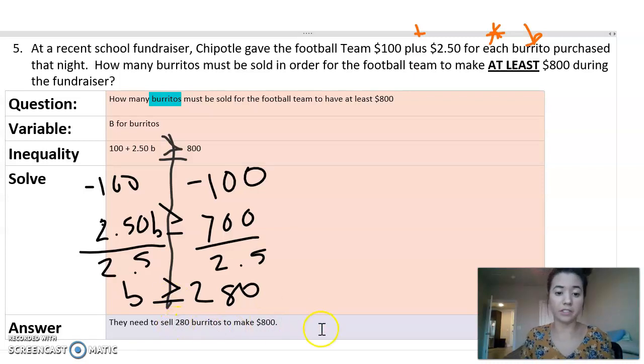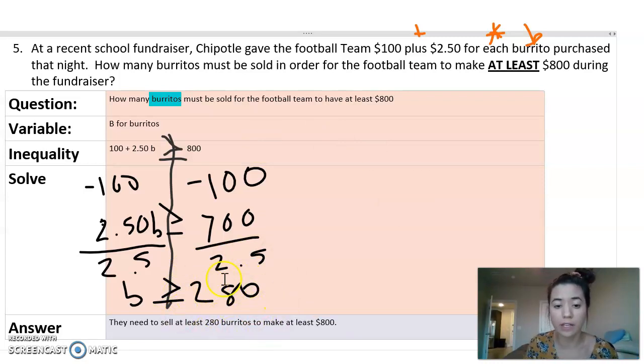Or you could say they need to sell at least 280 burritos to make at least $800. So this amount right here, the 280, is how many burritos to make that 800. Any number greater than 280, again, B here is greater than or equal to that, will give them the $800.